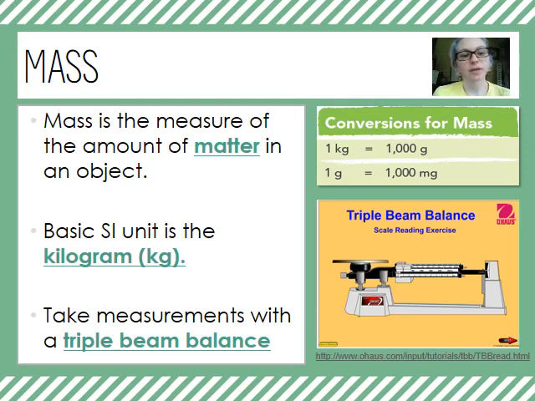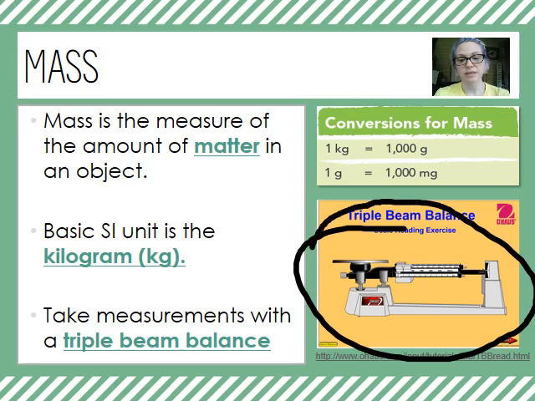Okay, so we're going to talk about mass. Mass is the measure of the amount of matter in an object. The basic SI unit is a kilogram, although in class we will use gram more times than not, because that is what our triple beam balance is going to measure. We will also use milligrams, and this right here is a triple beam balance.